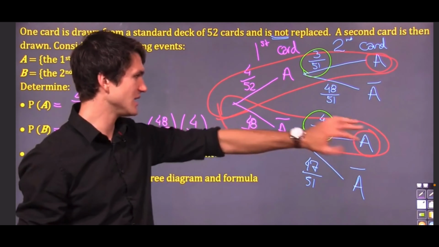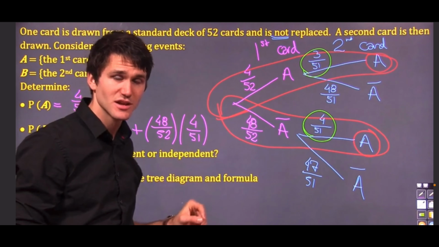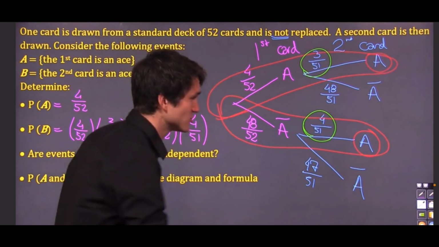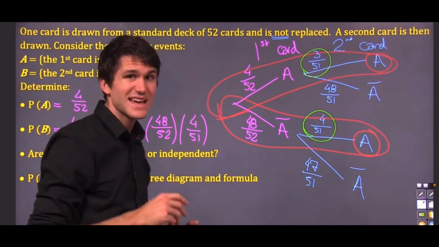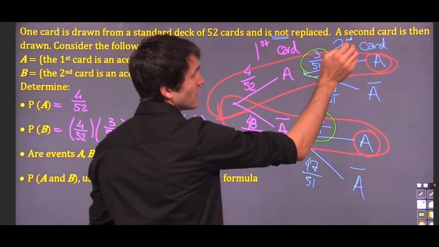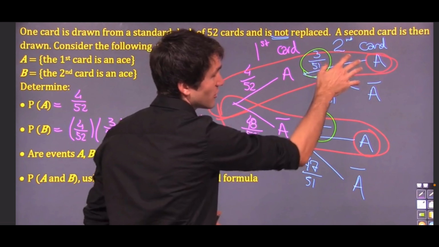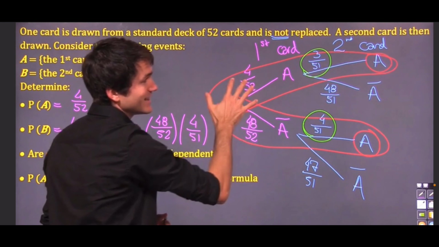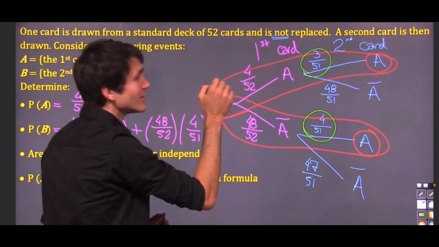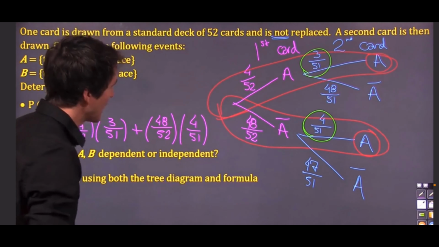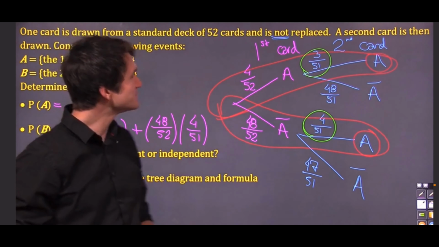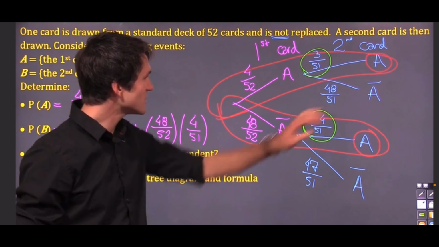The chance I get an ace on the second draw, given that I didn't get an ace on the first draw, is a bit higher than the chance given that I did get an ace. That was a big mouthful, a little convoluted. Don't worry too much about that, but just look at it, these aren't the same.